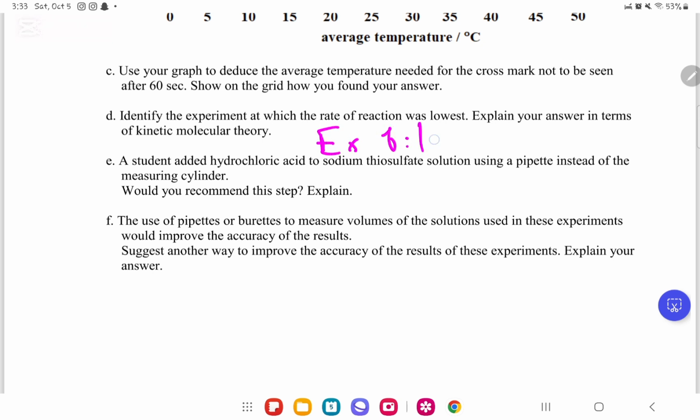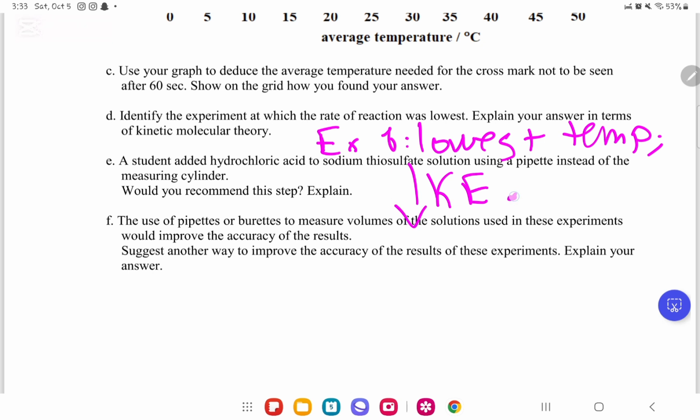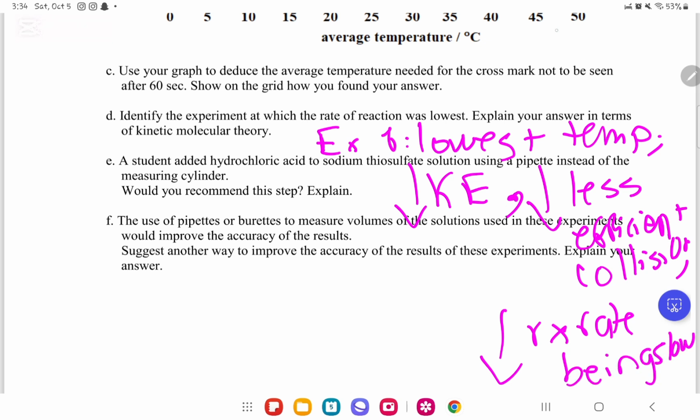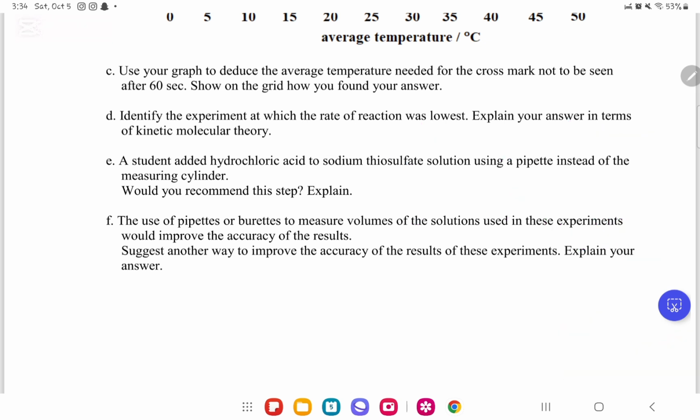Because it ran at the lowest temperature, the kinetic energy was definitely the least, so they would move slower, causing a less efficient collision. And then finally it would then decrease into reaction rate being slowest. So that was for D.